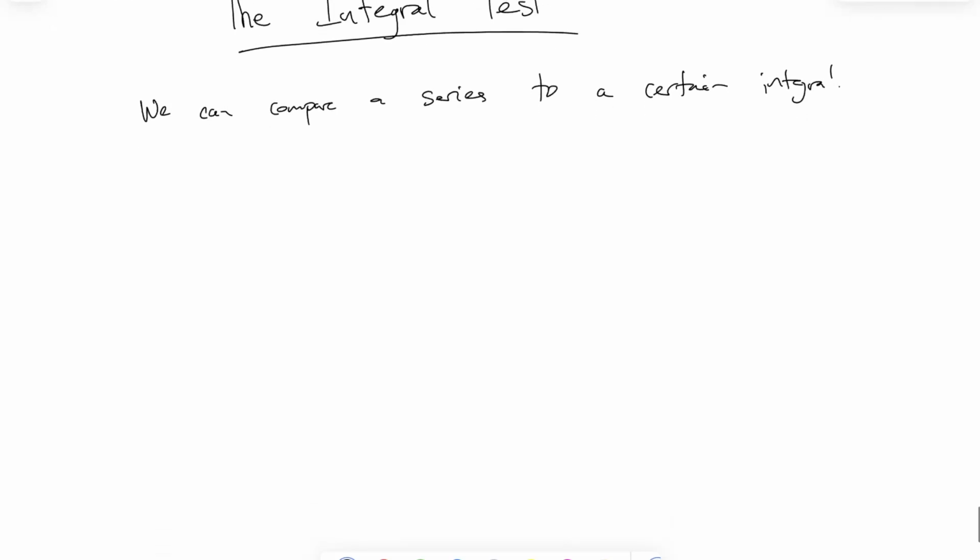For example, the sum of 1 over n, n equals 1 to infinity, versus the integral from 1 to infinity of 1 over x dx. All right? Now, these are not the same. They're not equal. Well, they both diverge, so maybe in this example they're equal.